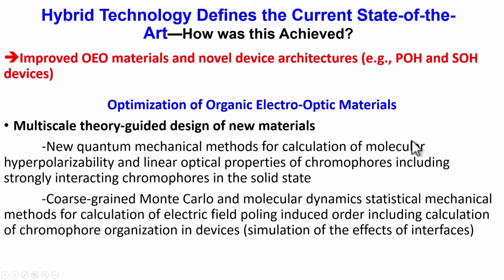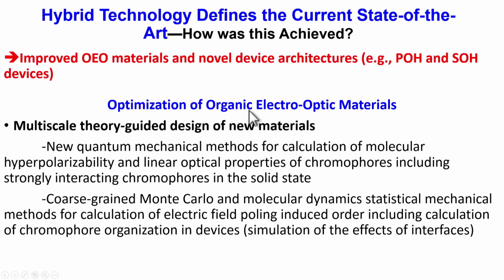And you might ask, how have these advances been achieved? The ones that I've alluded to on just the previous slides. And there are really two aspects of this. One is the improvement of materials, and the second is novel device architectures. And I'd like to talk a little bit about both of these.